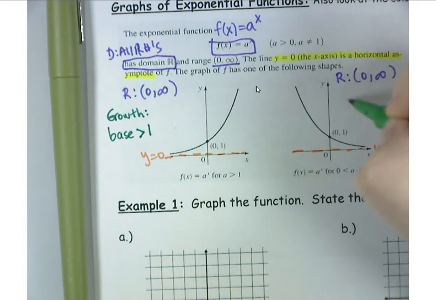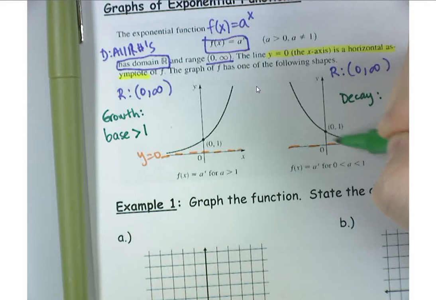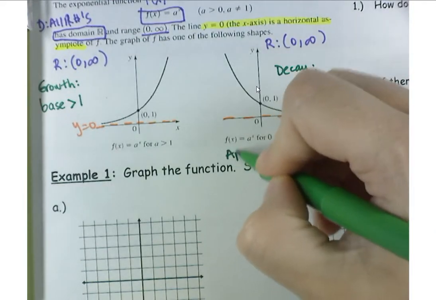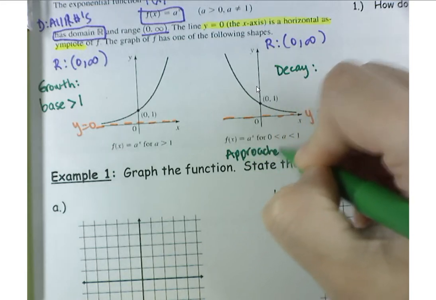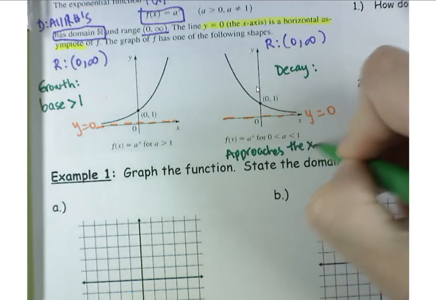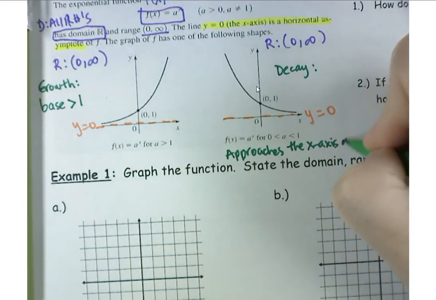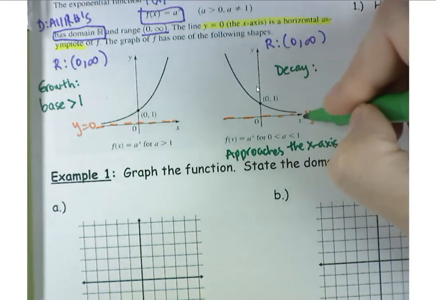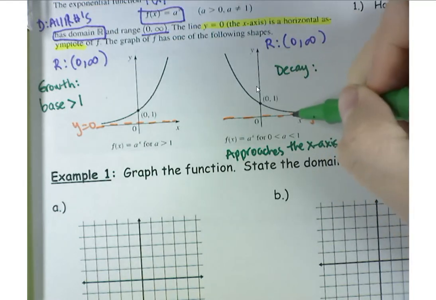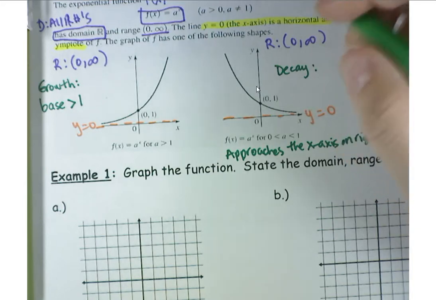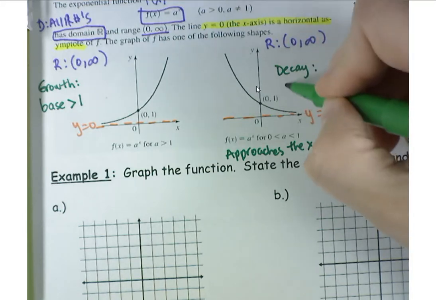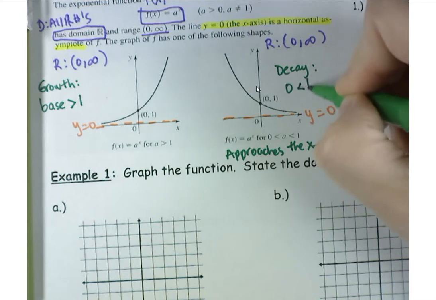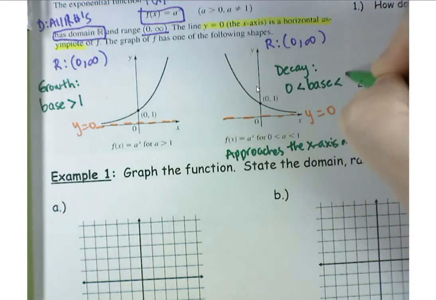Now decay, which is modeled in the second picture, is going to be approaching the x-axis on the right. It's getting closer and closer to the x-axis for this example specifically. Do you guys know what else it could approach, if not the x-axis?